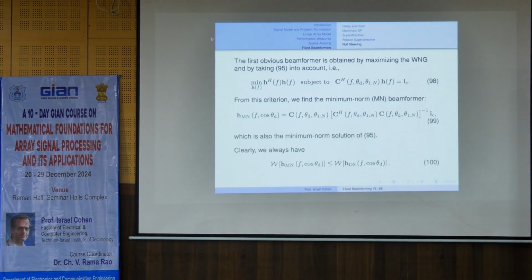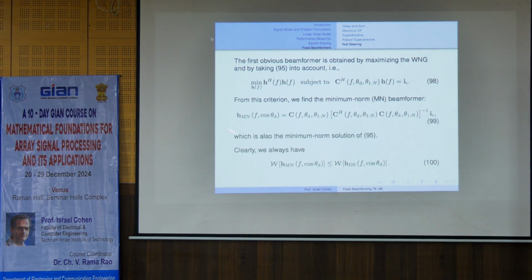So here, if we try to maximize the white noise gain subject to this constraint, we will get this solution. We can call it the minimum norm beamformer, because it's the minimum norm of this solution, but you can call it whatever you like. You can call it max white noise gain with linear constraints. You can invent new names, but try to make it simple and reasonable, okay?